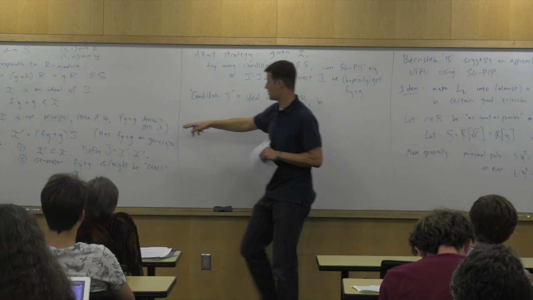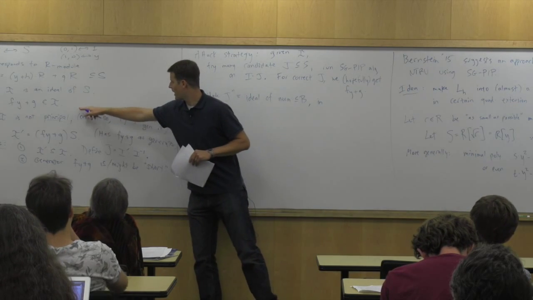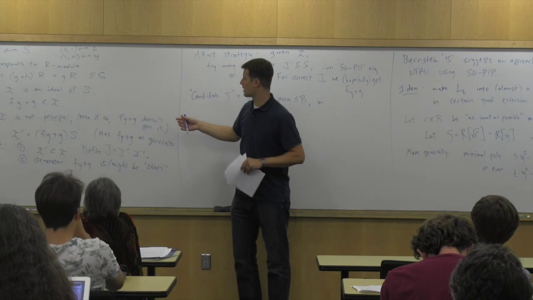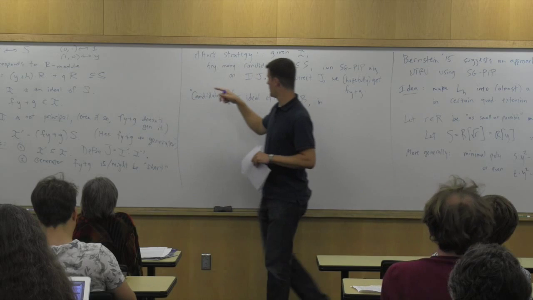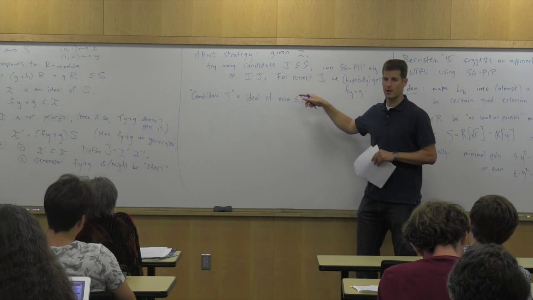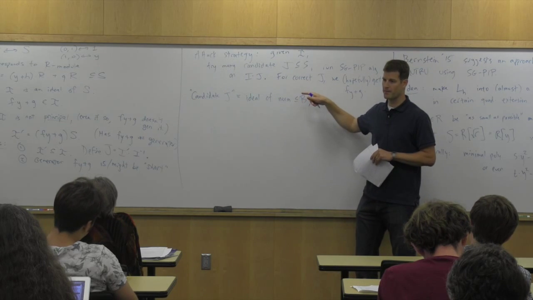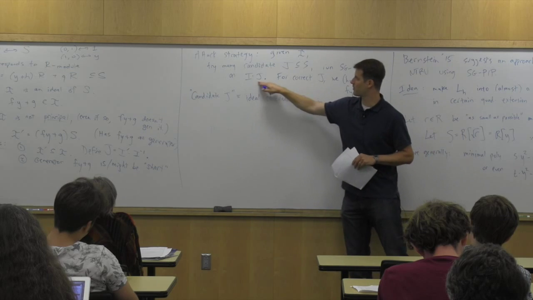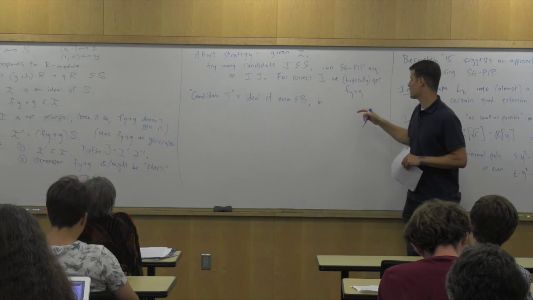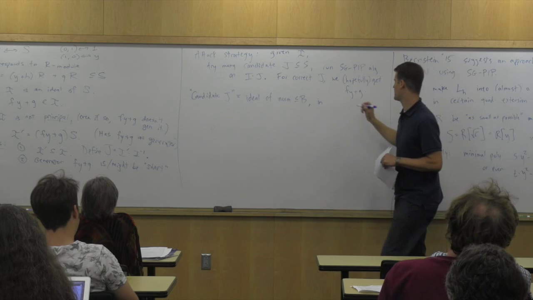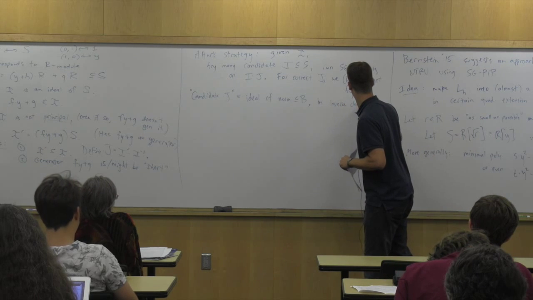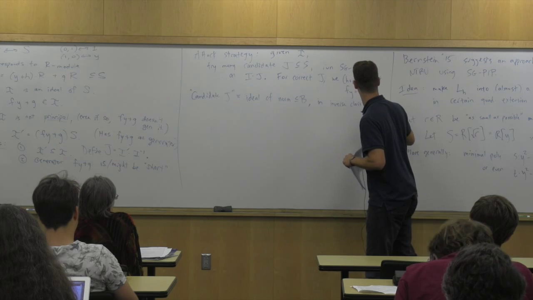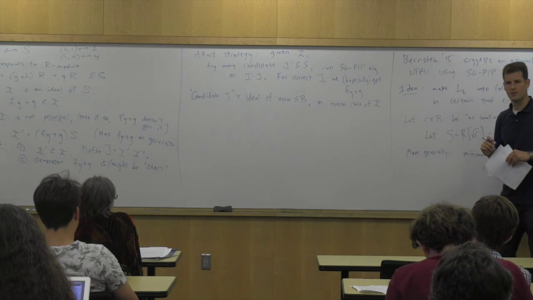Supposing we knew the class group of S, we should only be looking at J's which are in the inverse class of I, because we want IJ to be principal. So these are ideals of norm B in the inverse class of I. Does that make sense?